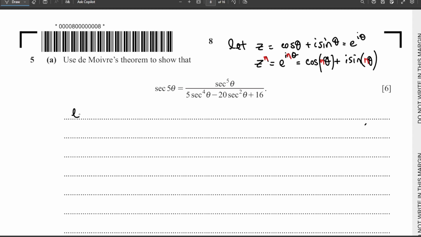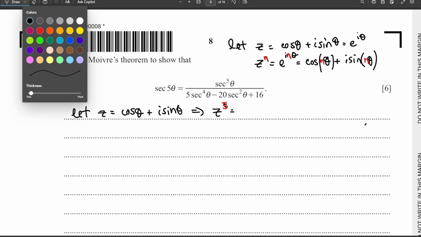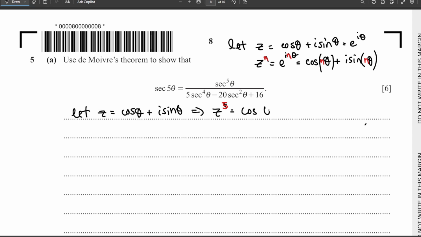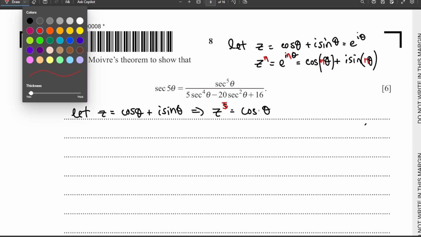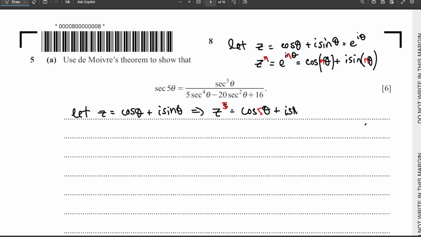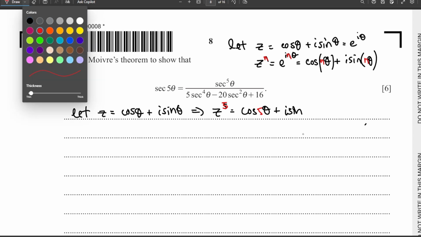So we let z be an arbitrary complex number, cosine theta plus i sine theta, and using De Moivre's theorem, we know that z to the power of 5, the 5 I use a red color, z to the power of 5 is cosine of 5 theta added together with i sine 5 theta.